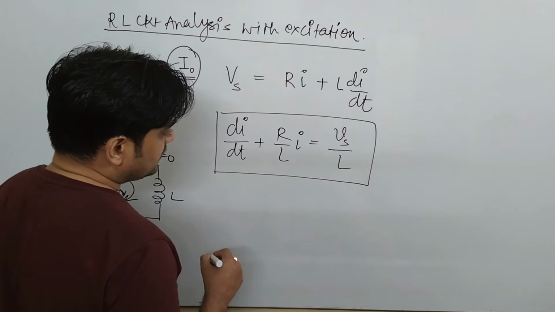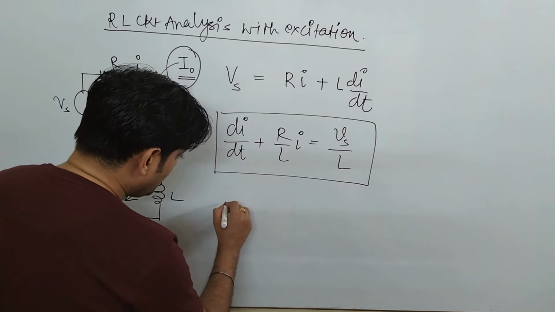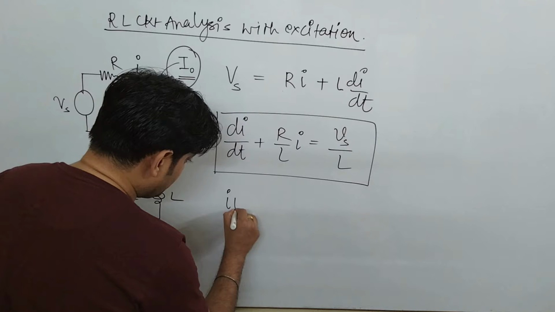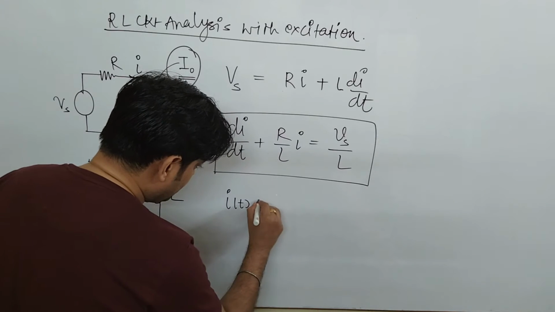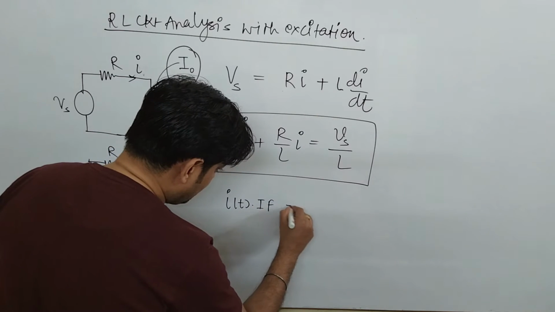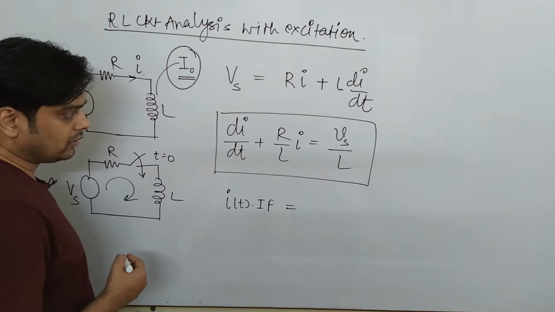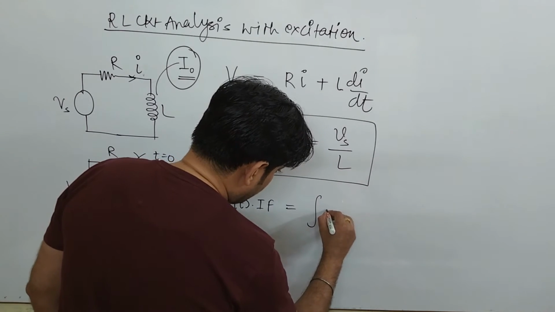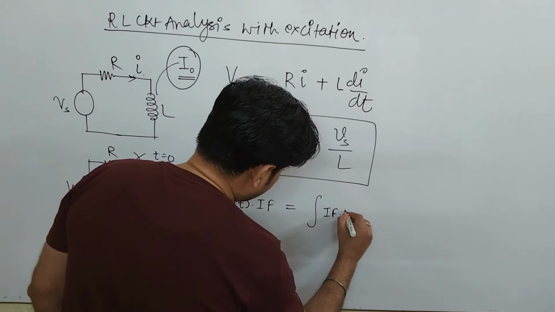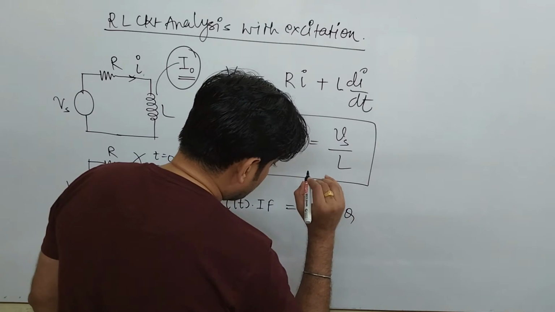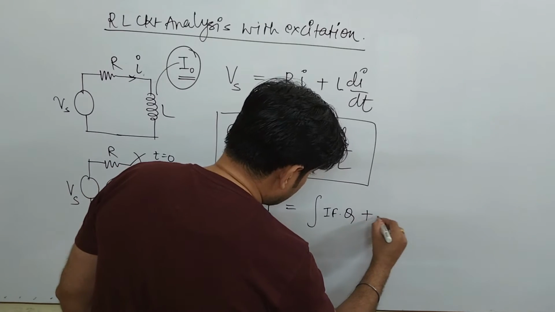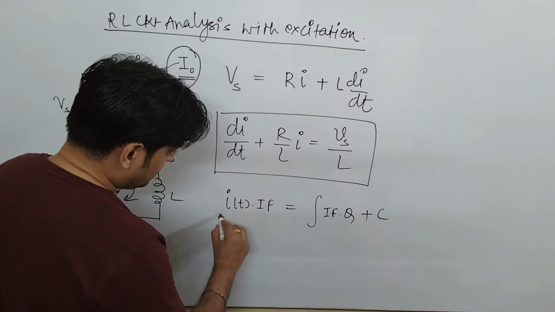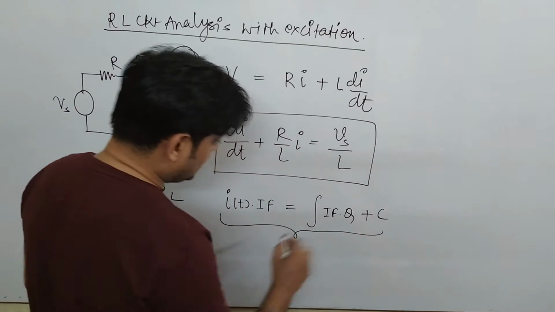For solving this, you know the formula. If I solve this, then the solution of i(t) comes to be i(t) into integrating factor IF is equal to integration of integrating factor into Q plus C. I am just writing the formula for solving a first order differential equation. So this is your formula. How does that Q come?